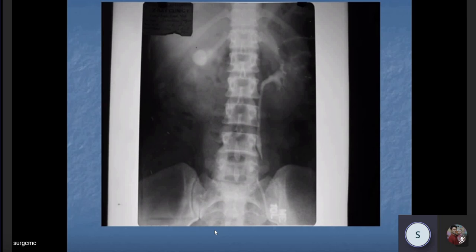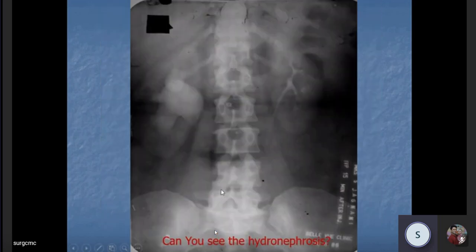Hydronephrosis is being formed. In this particular film, you can see there is a stone on the right side, and the entire ureter is visible on the left. Is the ureter not visible?